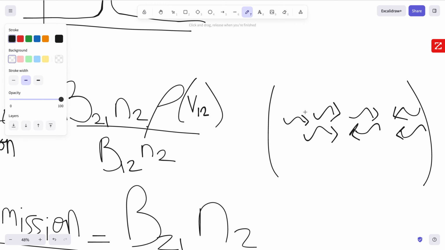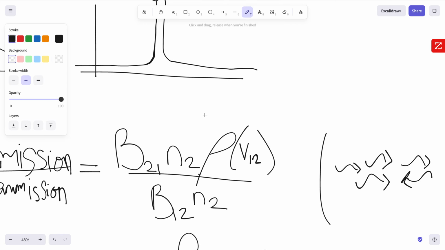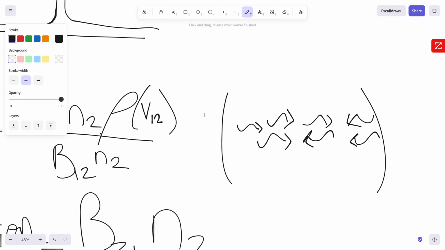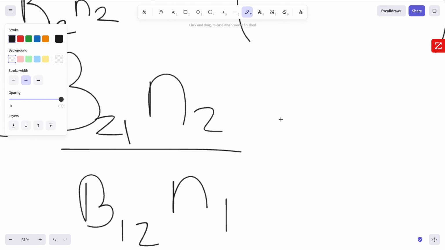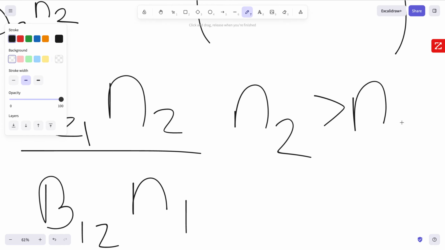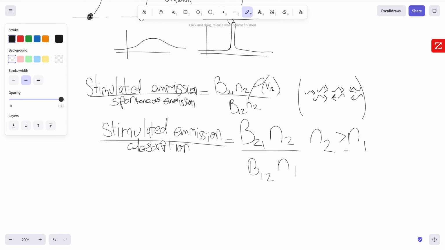That is another way to increase stimulated emission, because you just have more photons going around able to stimulate. So cavities are a really key invention to lasers. The other way is to maximize the number of electrons in the N2 state compared to the N1 state.